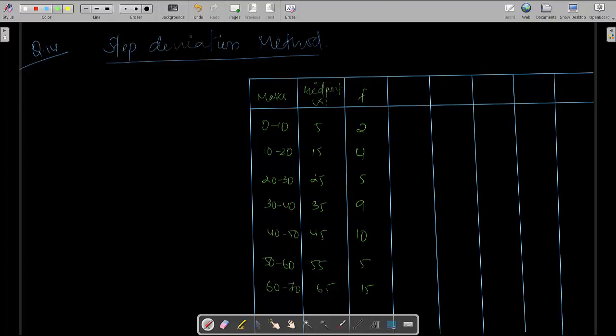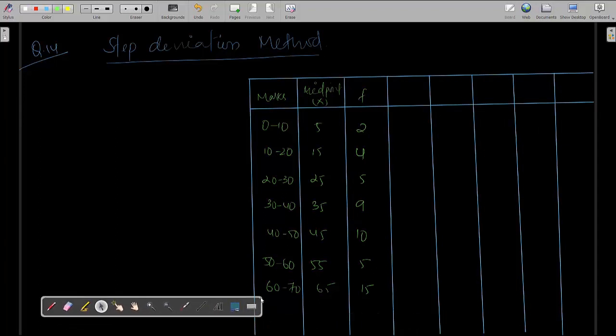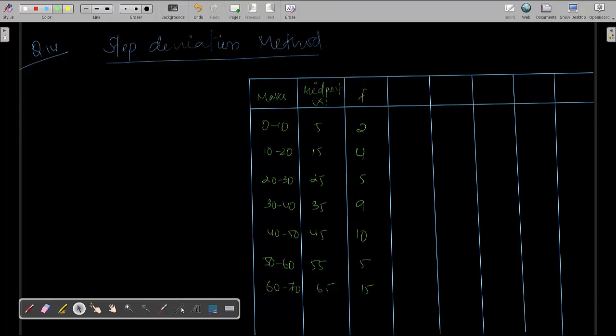I've already made the table here where you can see the figures, the midpoint and f. So what we can do is find the value of fx, and also the sum of f. So fx here is the product of frequency and the midpoint.